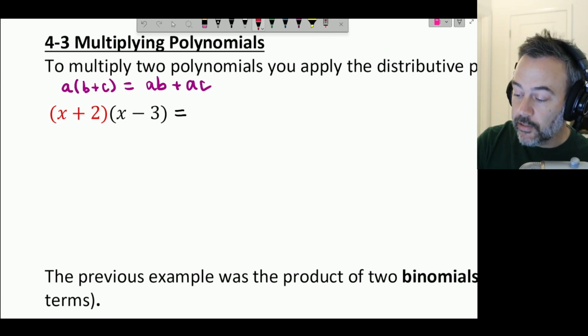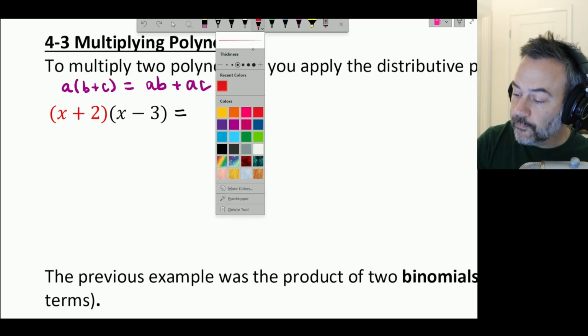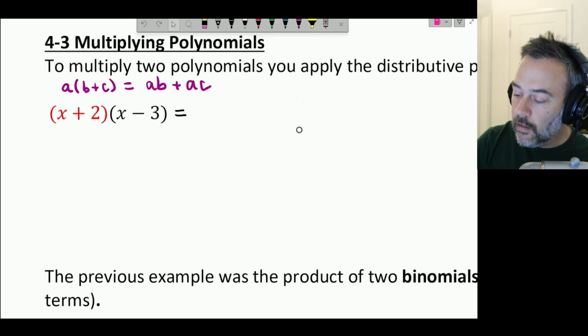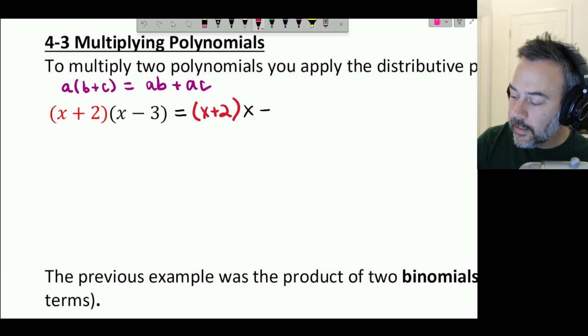So if I apply the distributive property, I would be multiplying x plus 2 times x, minus x plus 2 times 3.